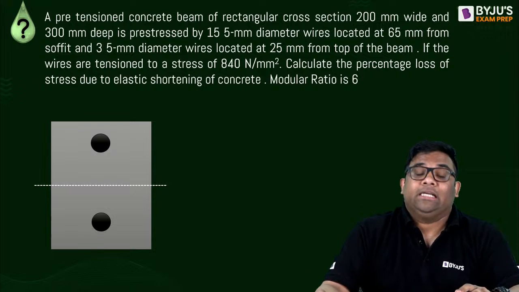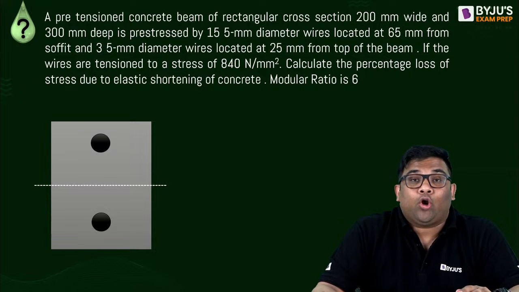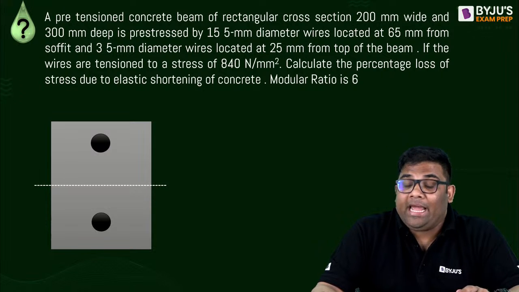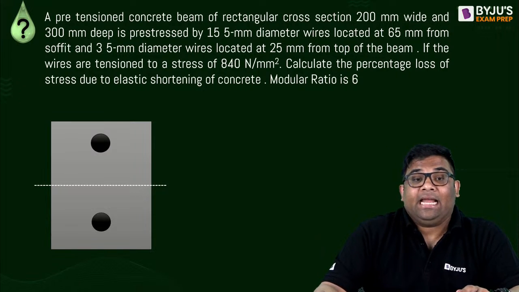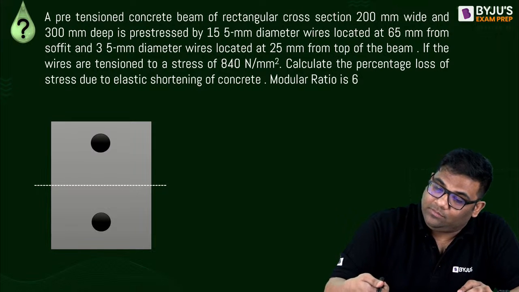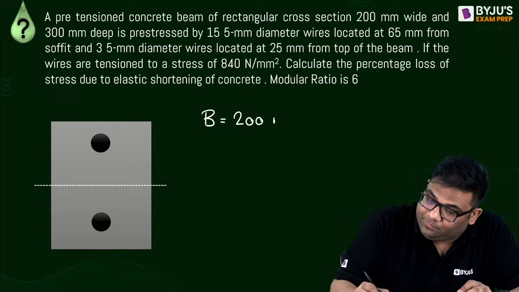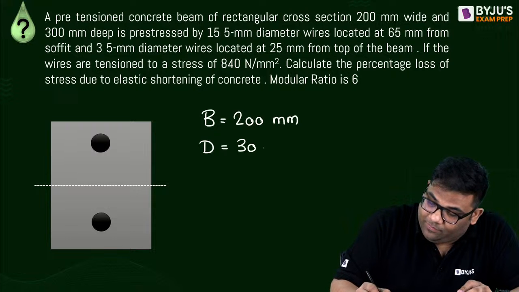Big question, you see. A pre-tensioned concrete beam of rectangular cross section 200 mm wide and 300 mm deep. So the width is 200 mm and the depth is 300 mm.